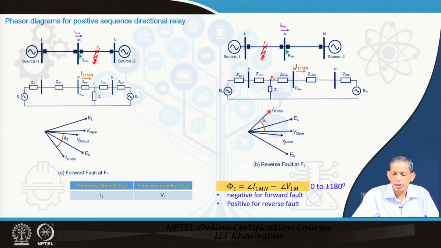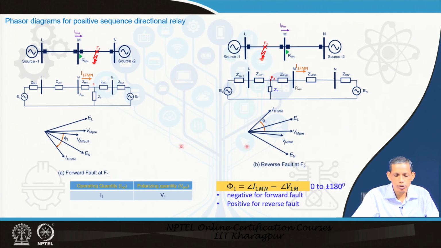And that means that this I1MFN leads the corresponding V1M fault, and therefore, the corresponding phi 1, that is angle of I1 minus angle of V1, will be positive here. As compared to a lagging current, this is a leading current. So, we conclude from this that for forward fault phi 1 computed in this manner will be negative, and for reverse fault phi 1 computed in this way will be positive.